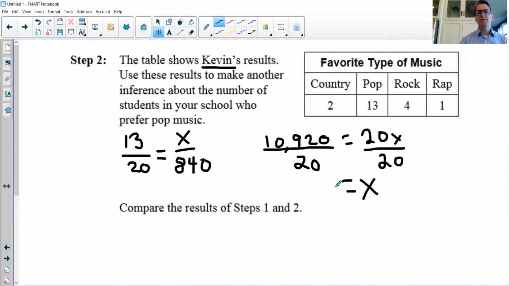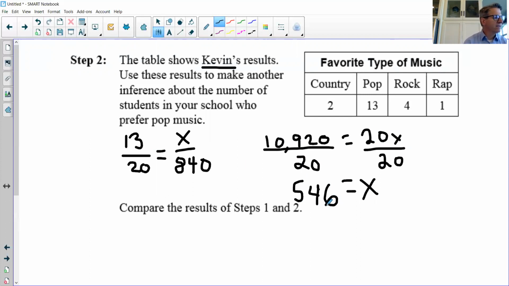So using Kevin's sample, 546 students would like pop music in your school. If you compare the two, the first was 420, and Kevin's information gets us 546 students.